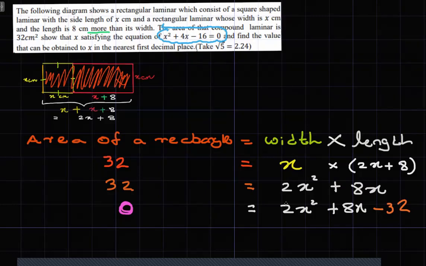But in our equation, what's the x squared's coefficient? It's 2. So how do we change it to 1? We can divide 2x squared by 2, because when we divide 2 by 2, we get 1. Let's do that step.